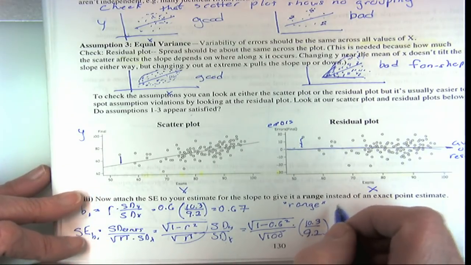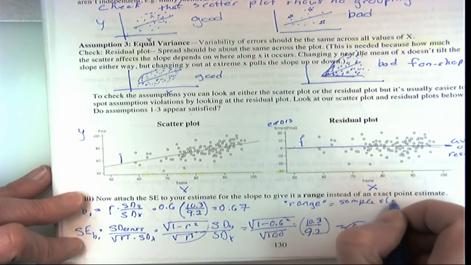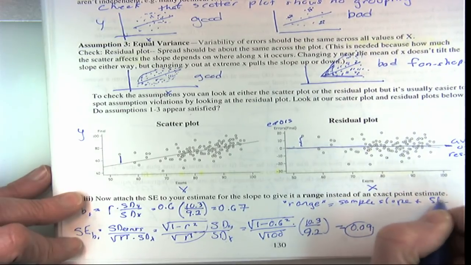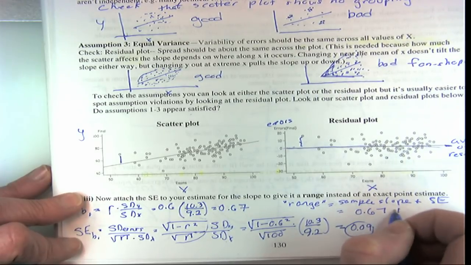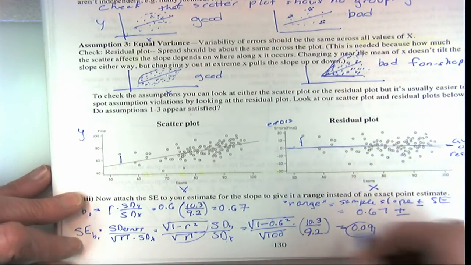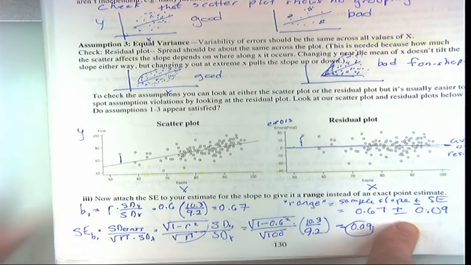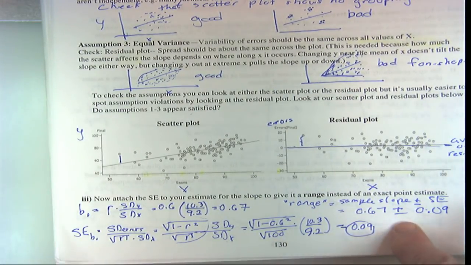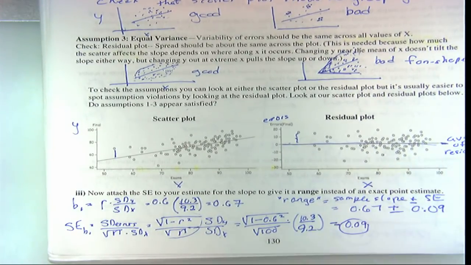It's like a 68% confidence interval. That's going to be our sample slope plus the standard error. So that's going to be 0.67 plus or minus 0.09. So we're attaching one standard error to our sample slope.